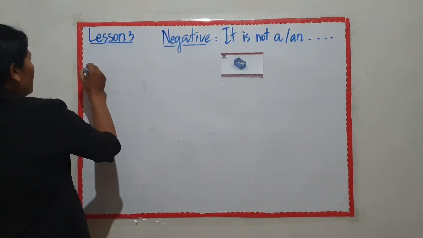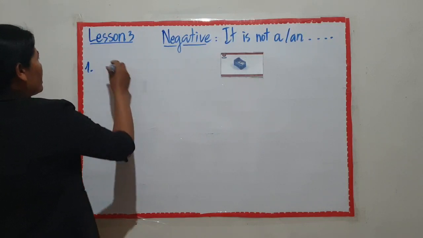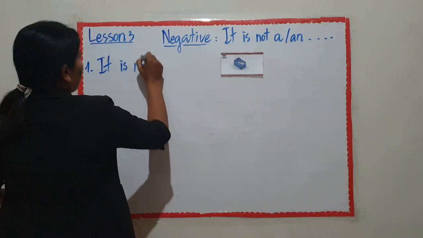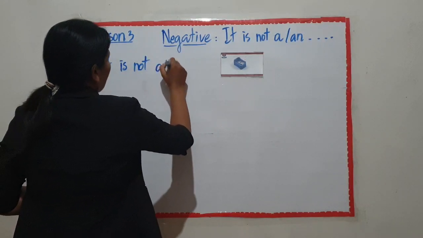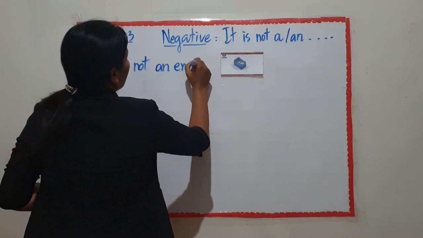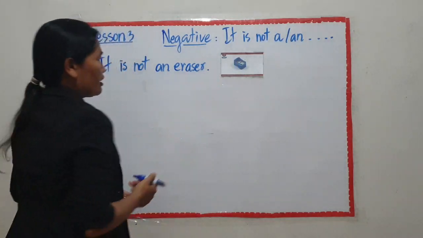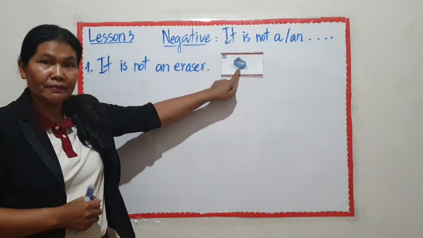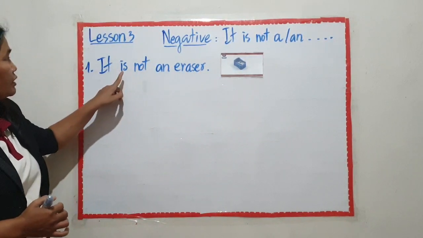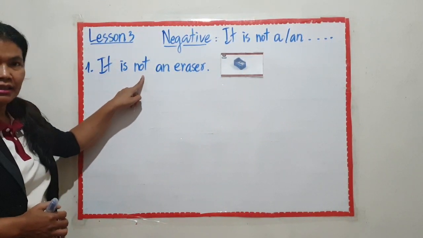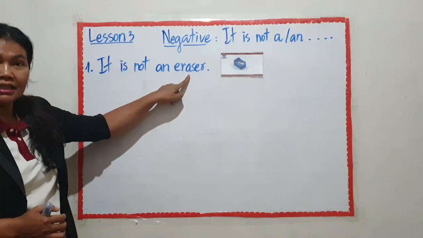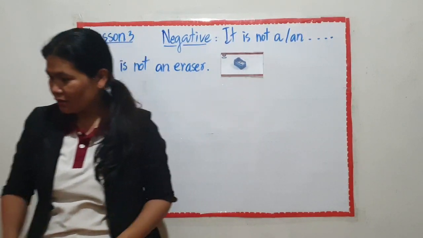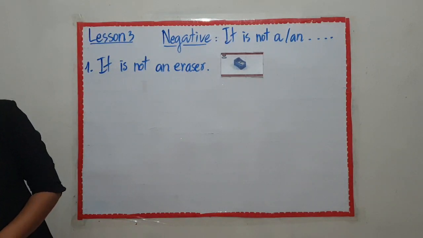Yeah, number one, it is not an eraser, right? Is it correct? Yeah, because the picture is a sharpener. That's why teacher uses not here and eraser. Actually, this one is a sharpener. Very good. Now let's move to the next picture.